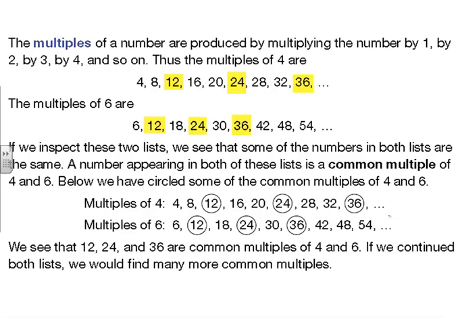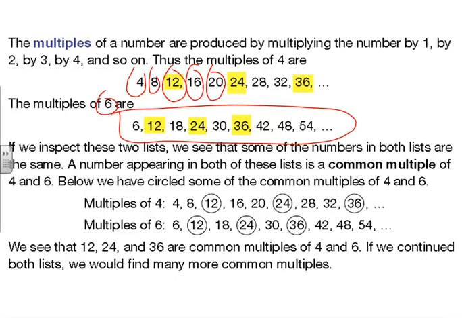So, the multiples of the number 4: 4 times 1 is 4, 4 times 2 is 8, 4 times 3 is 12, 4 times 4 is 16, 4 times 5 is 20. Those are all multiples of 4. If we did the same thing for the number 6, this is the set of numbers we would get. Then you'll notice that I've highlighted in yellow those multiples that are the same.